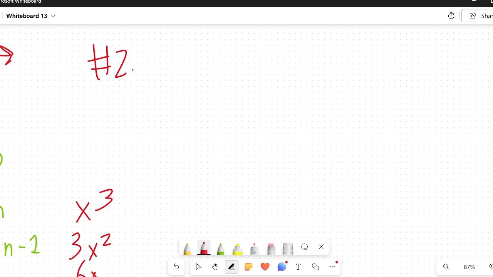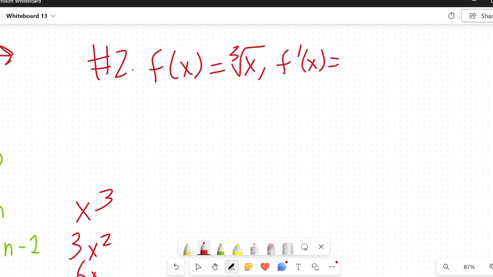We've already found the derivative of x cubed. So let's try to find, if f of x equals the cube root of x, what f prime of x is. So in this case, we have to first do a little conversion in order to use power rule, right?